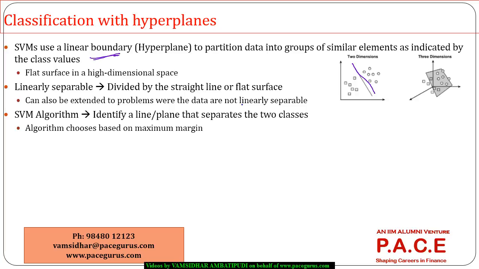In general, we call it a hyperplane, to partition the data into groups. If it is multi-dimensional, we look at it as a plane, otherwise it's a simple line that is doing the bifurcation between the groups. So they are all linearly separable. I can very well separate the groups with a linear line or a simple plane.